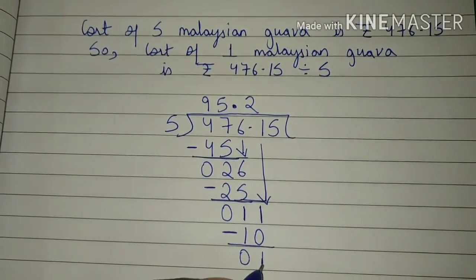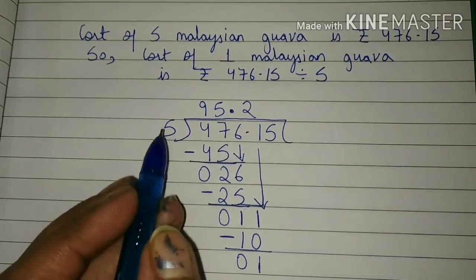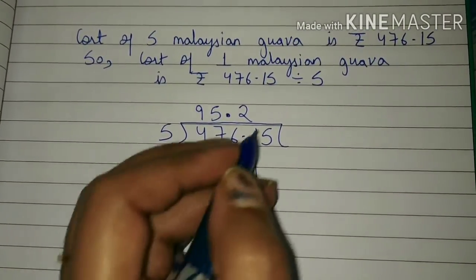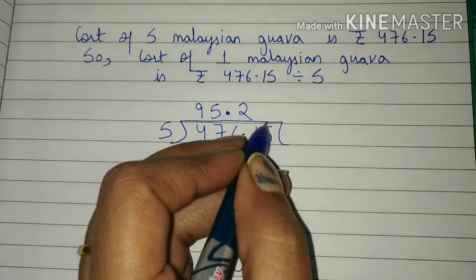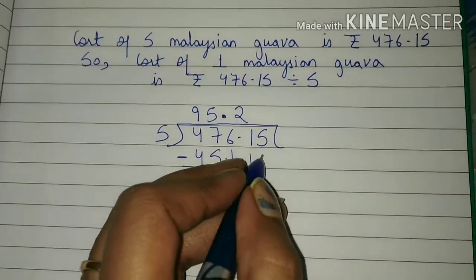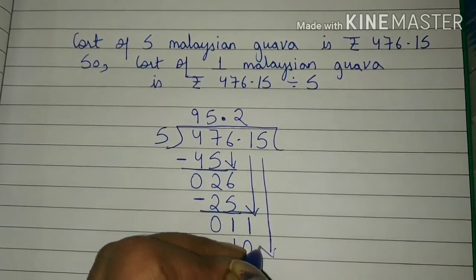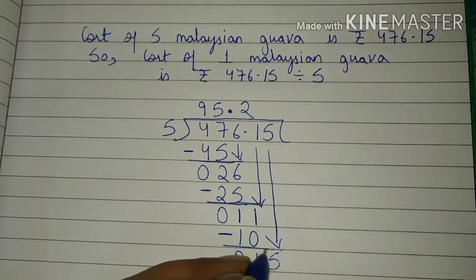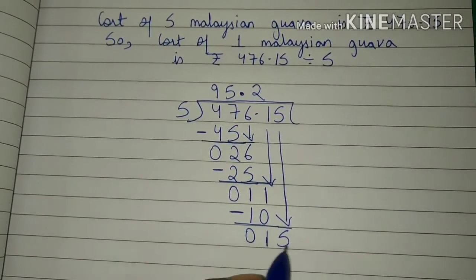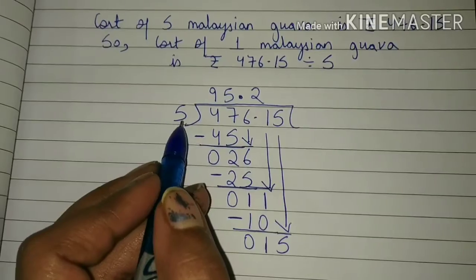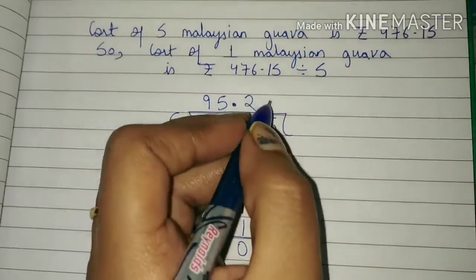Students, 1 is not coming in the table of 5. So we will copy down next number, that is 5 here. Now students, we will divide 15 by 5. So 5 3 ja 15.